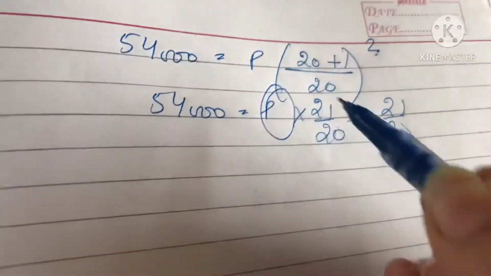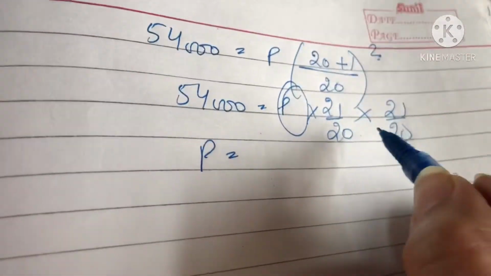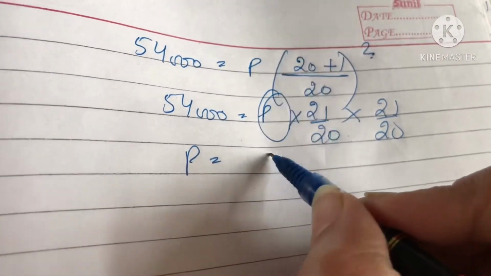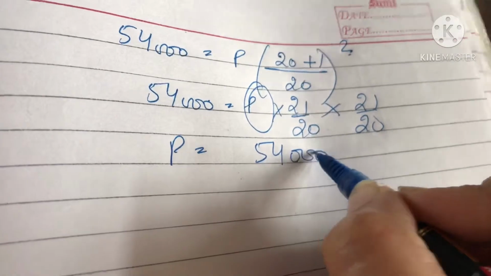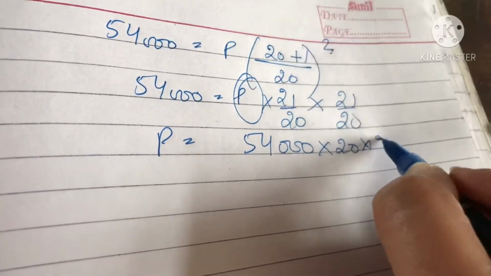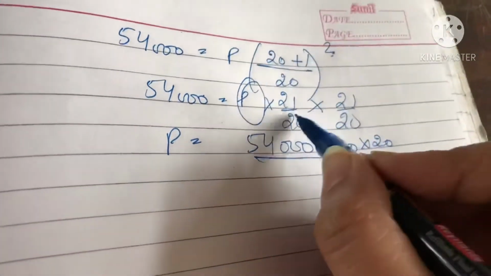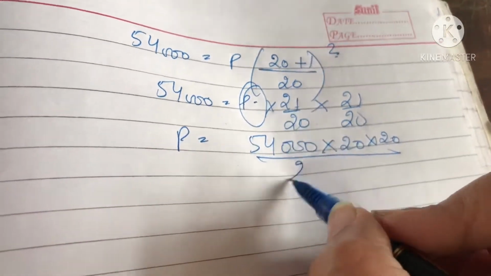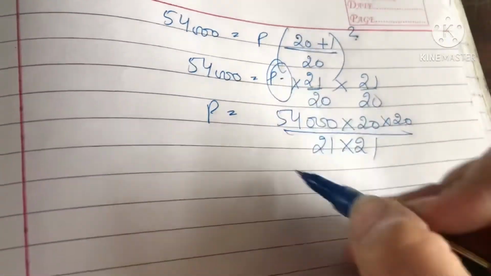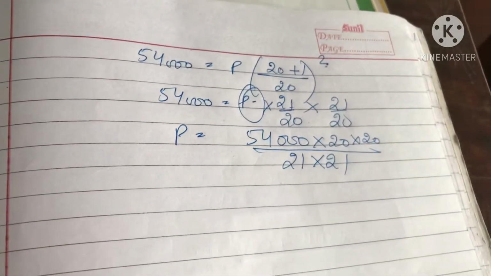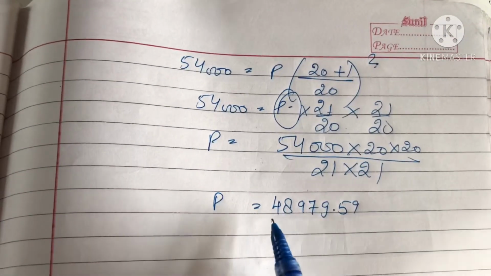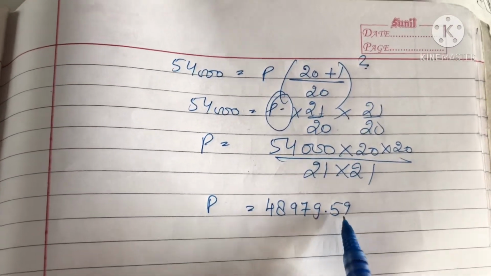Now we have to find this P. Separate this P: 20 is in division, it will go in multiplication, and 21 is in multiplication with P, it will go in division. After calculation, it is coming 48979.59.